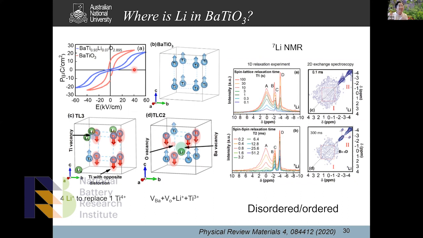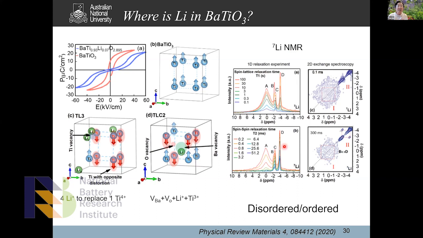So we are very puzzled why such a large amount, 7%, of lithium cannot be seen by neutron. Then we tried using NMR, lithium solid NMR, to collect the lithium information.